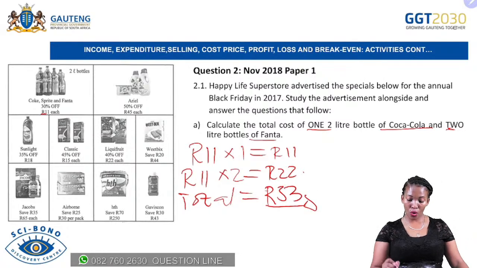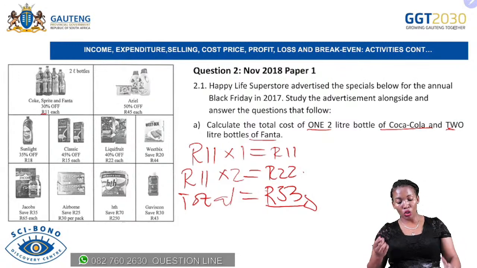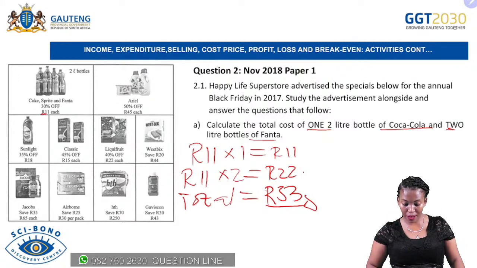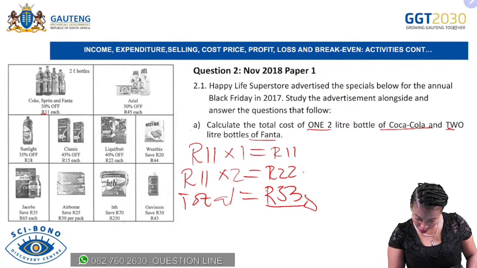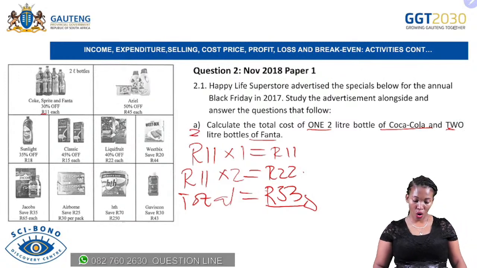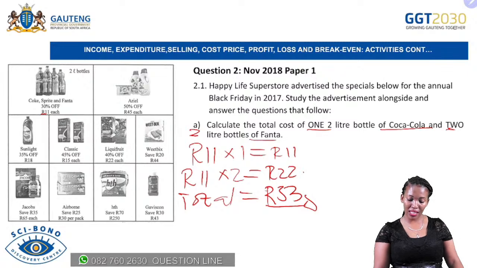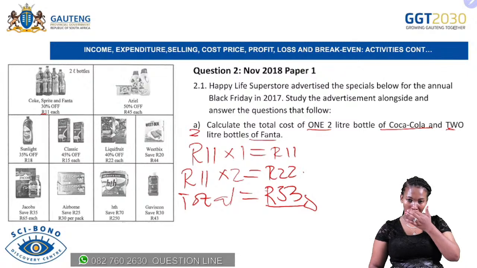So that is the total money that I'm going to pay if I buy one 2-liter bottle of Coca-Cola and two 2-liter bottles of Fanta. So this is the price, the total money that one will pay.